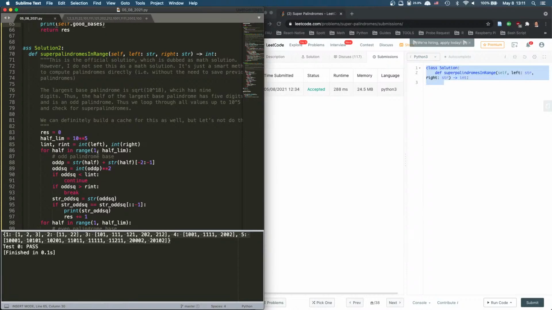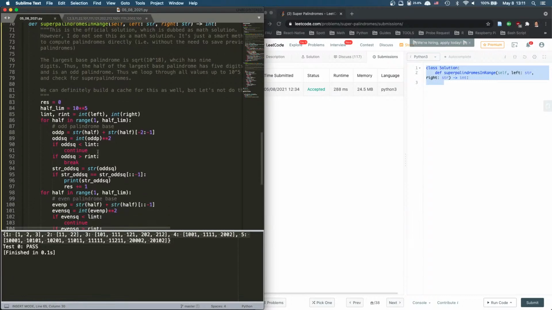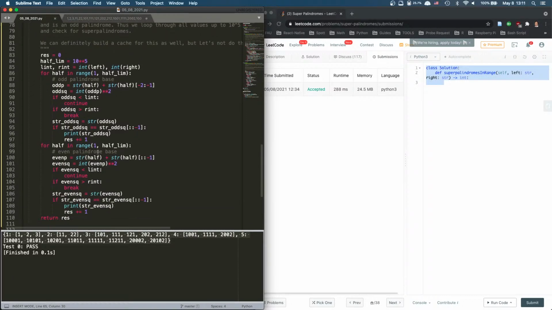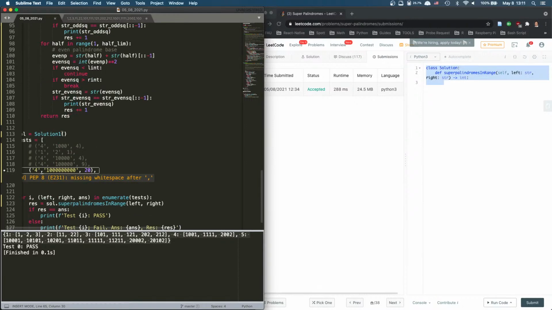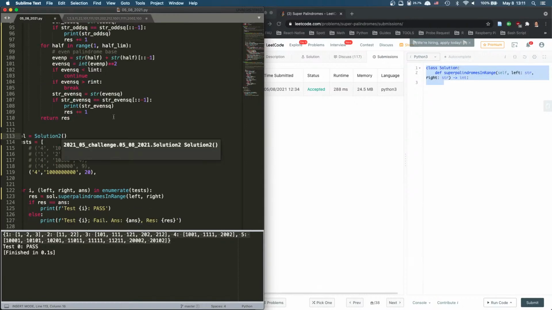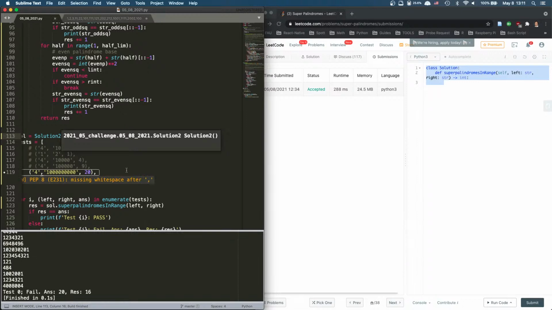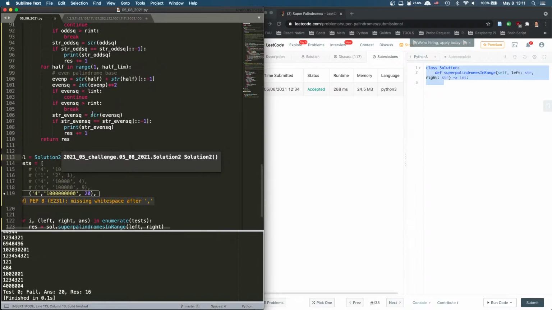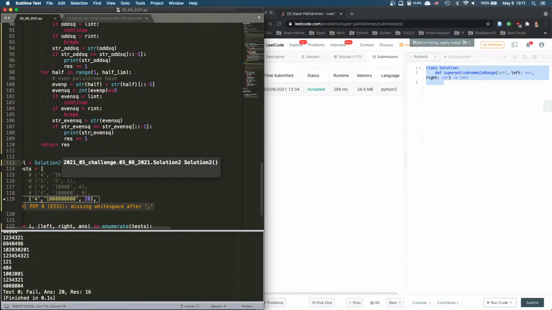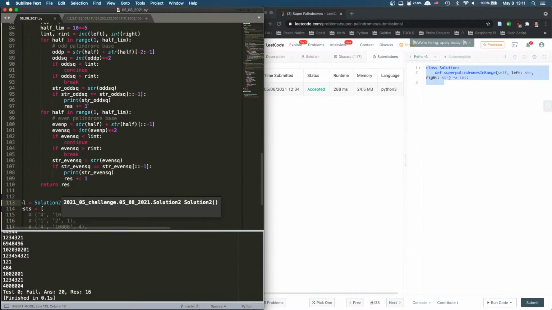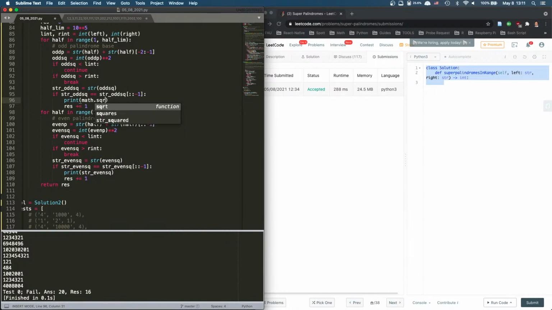Right? We start from 1. But how do we print? Actually, let's print math.sqrt directly here.